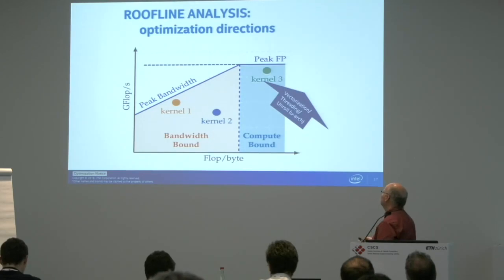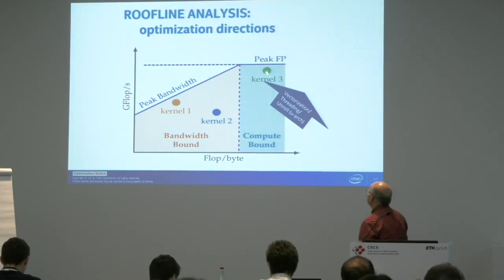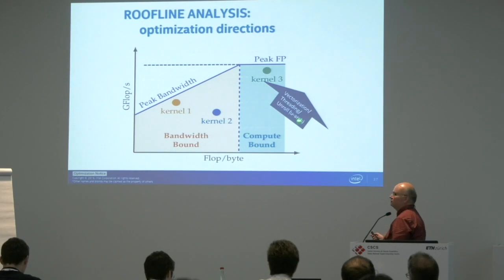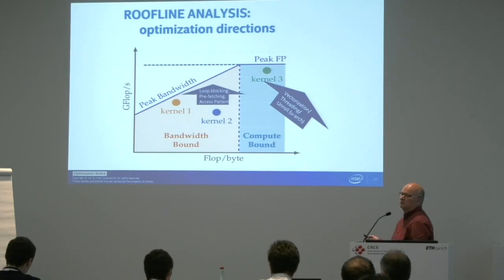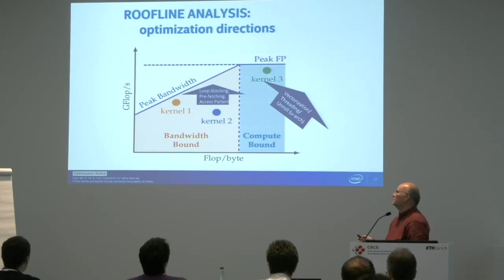The optimization directions. When you're here, then you can concentrate further on vectorization, probably through unrolling, or on the threading part. When you're in that direction, you have to look more at the memory subsystem, and probably prefetching.